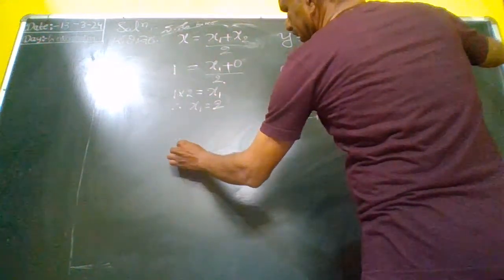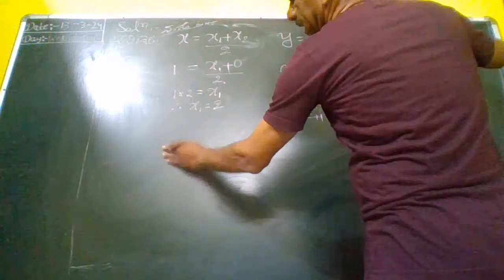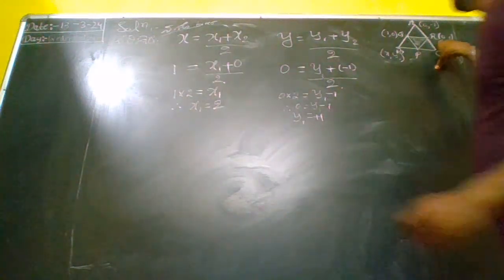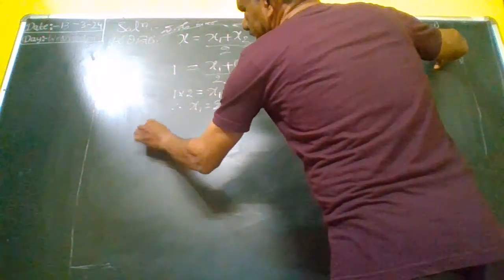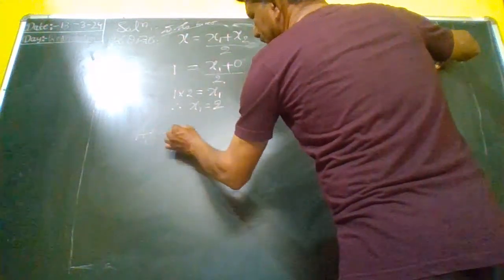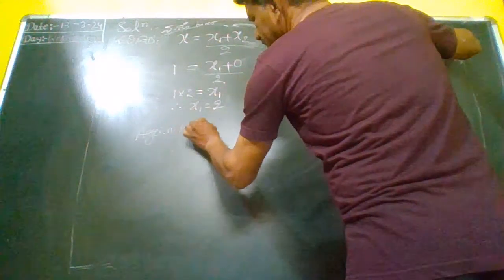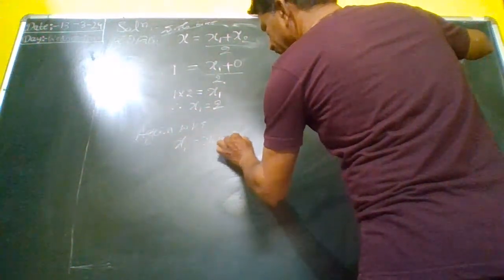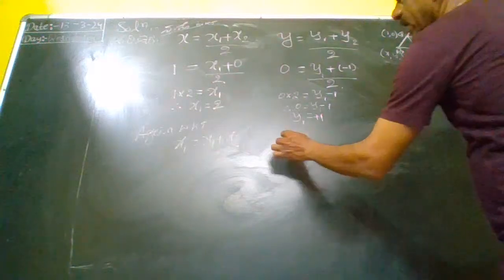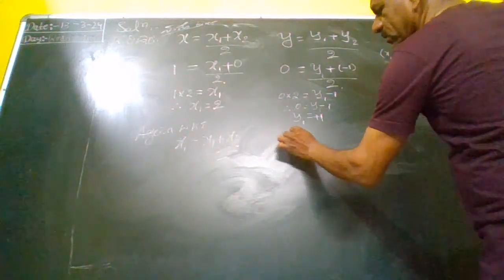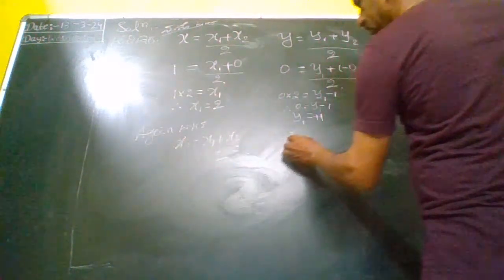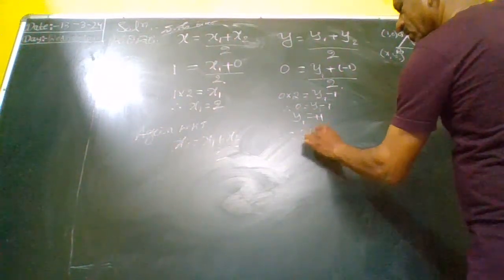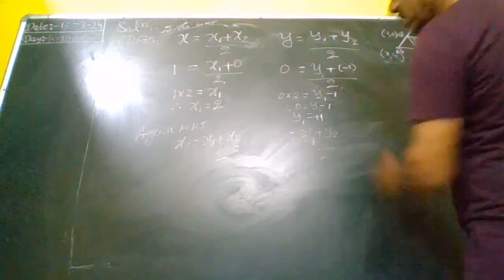Can I directly write the formula, or do I have to write it? Okay, again we will take it as you wish. Again we know that x equal to x1 plus x2 by 2, and y equal to y1 plus y2 divided by 2.